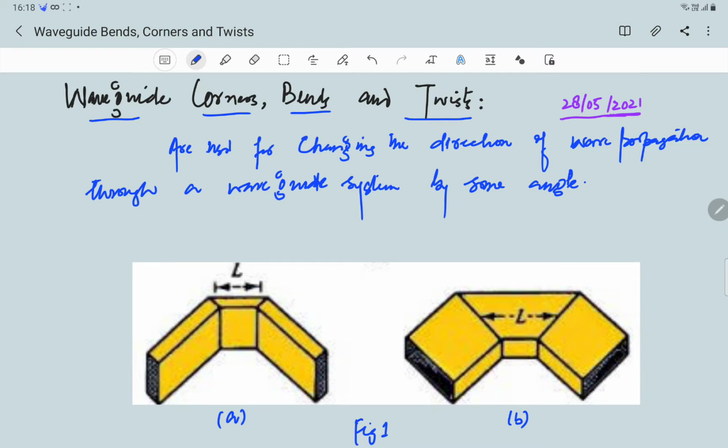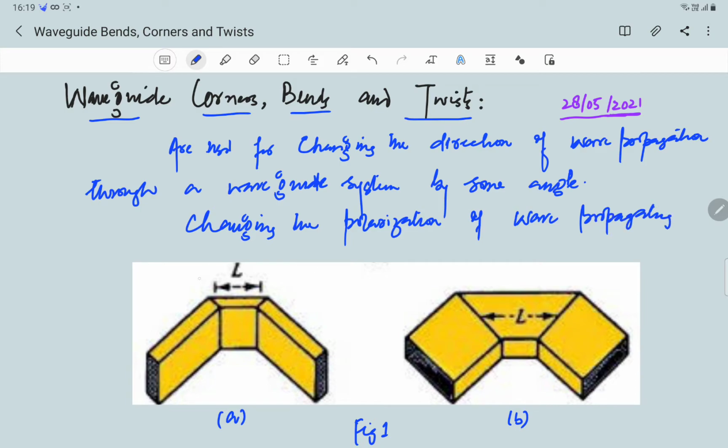Well, these can also be used for changing the polarization of wave propagating through the waveguide system.